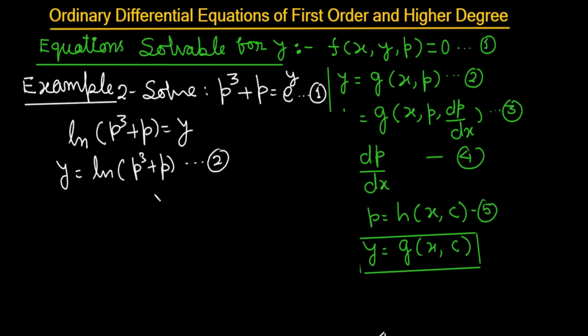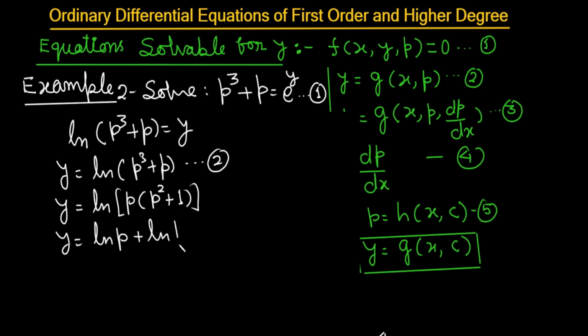Now before we take derivative of this equation with respect to x, let us first simplify it further using the property of log. So we can write it as log of p taken out as common, and this becomes p square plus 1, and we have y equals, using the property of log m into n is log m plus log n, so this will be log p plus log of p square plus 1, and this is our equation number 3.